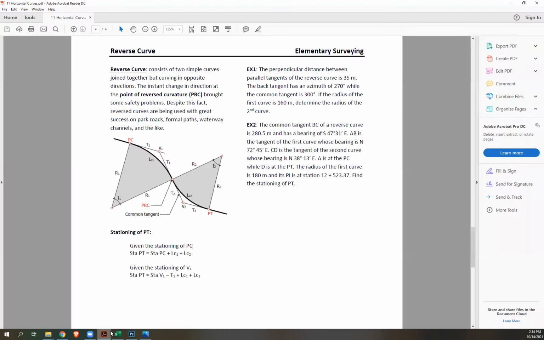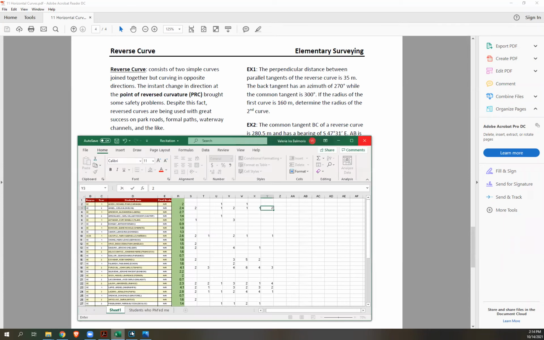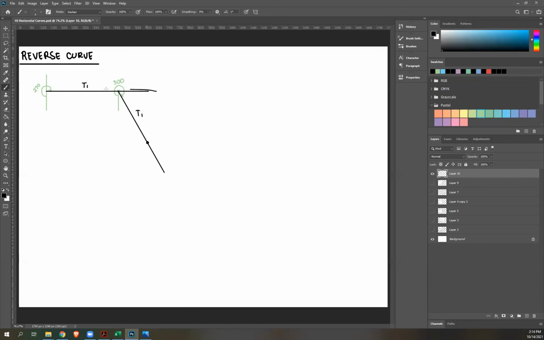And then there's another mention here: parallel tangents of the reverse curve. So meaning, the back tangent and the forward tangent of your reverse curve are parallel. My back tangent was directly horizontal, so my forward tangent should be horizontal as well.